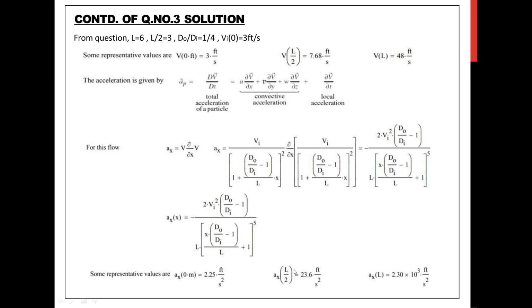For x equal to L by 2, that is 3, we will get 23.6 feet per second square. And again, putting x equal to L, that is 6, we will get the value as 2.30 into 10 to the power 3 feet per second square.